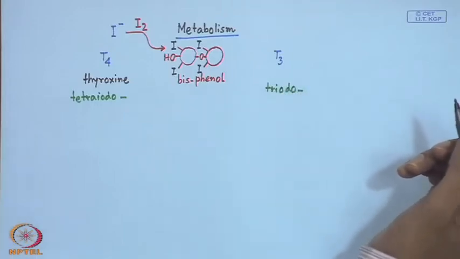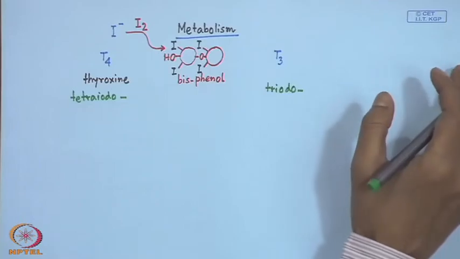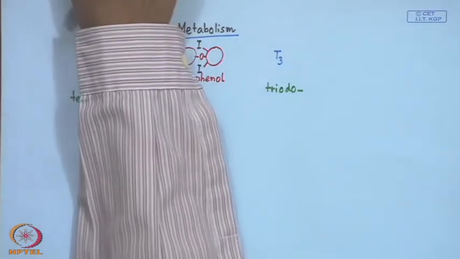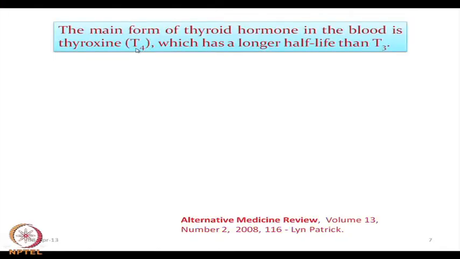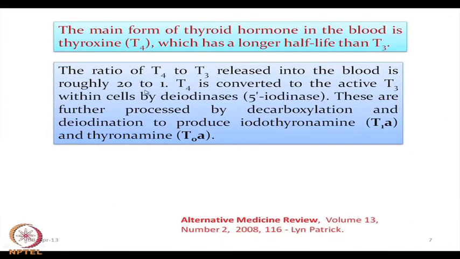And this is the corresponding triiodide derivative. But these two compounds differ in their lifetime. T4 has a longer half-life than T3. Whenever T3 forms in our system, it degrades very quickly; it has a shorter half-life than T4. T4 is the more stable compound, so it stays in the blood for a longer period of time.